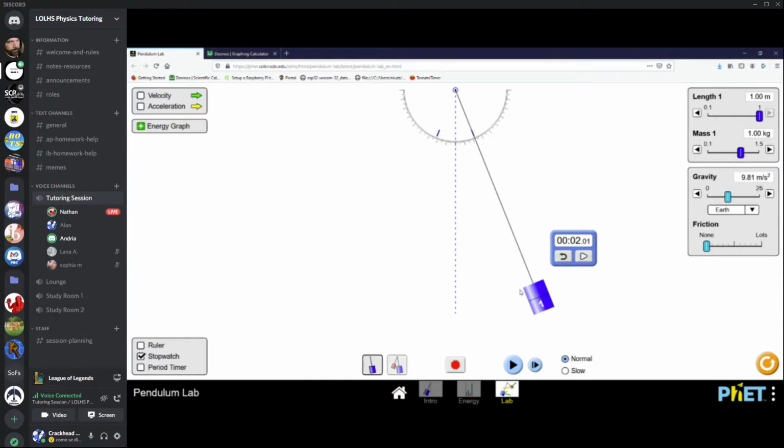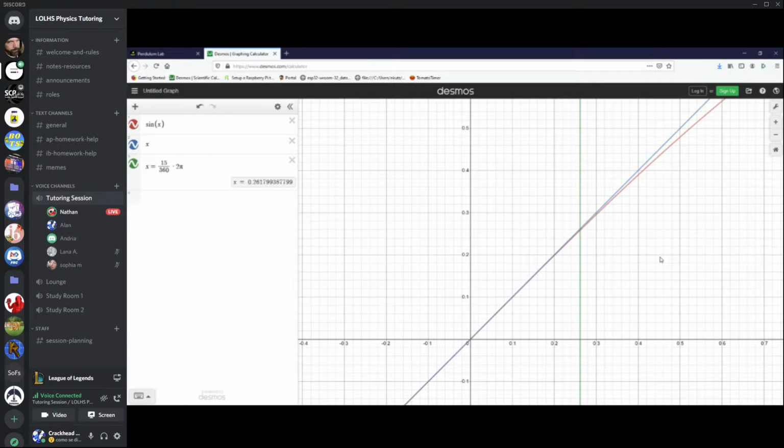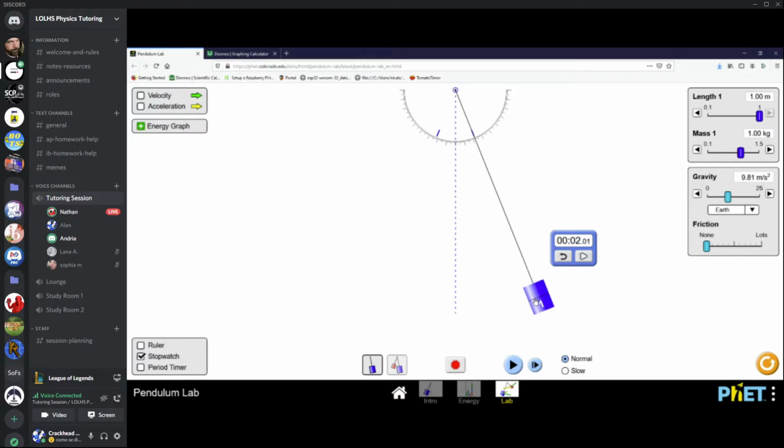For angles further than 15 degrees, it's not true because it would actually be pulling it more down than towards the middle. And obviously, if you have a restoring force pulling straight towards the middle, it's exactly the same as a spring at that point. So that's pretty much the small angle stuff. For angles below 15 degrees, because the values of sine are pretty much the same as y equals x, it's pretty much the same as the forces acting on the spring.